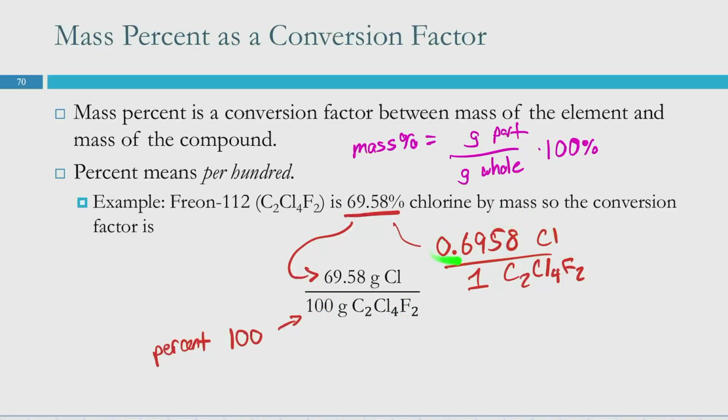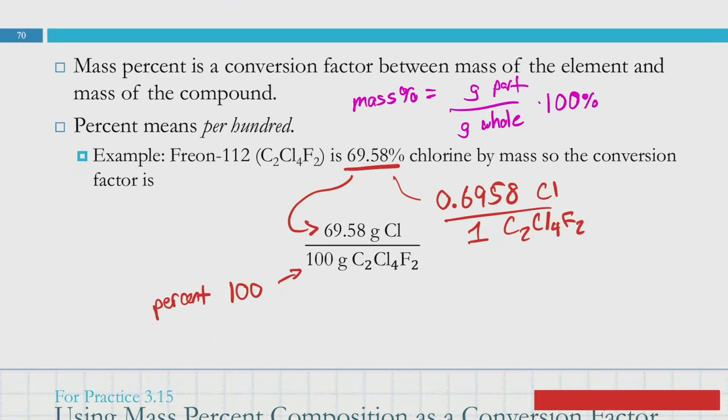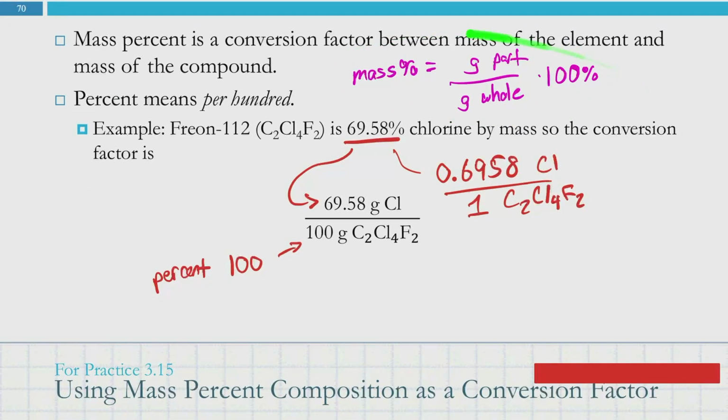And then this lets us know that for every 1 gram of the whole compound, we have 0.6958 grams of the part. And then use that as a conversion factor. I think for most of us, though, probably using the original formula and just solving it, doing a little bit of algebra, I think that's probably the most surefire way.